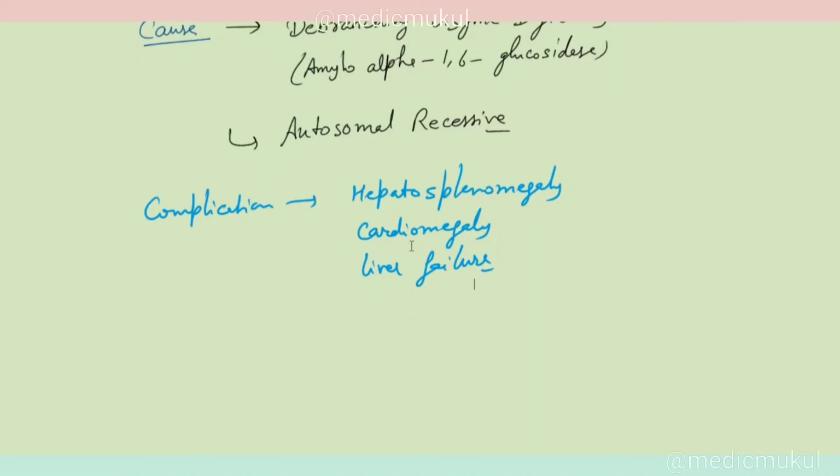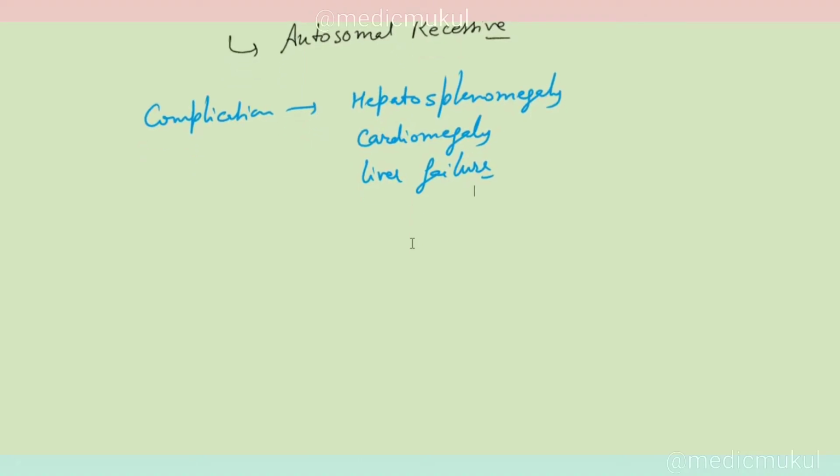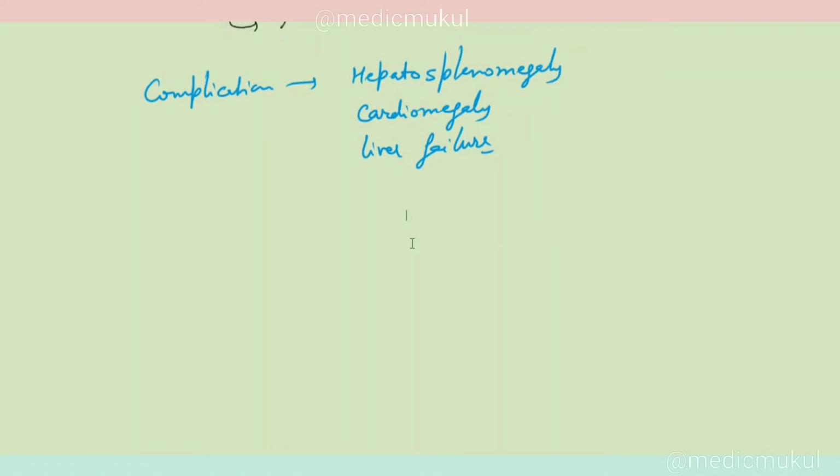In the last I will discuss which enzyme will be deficient in each glycogen storage disorder, which target organ will be affected, and the other features of GSD type 1. So we will make a table and then study that.